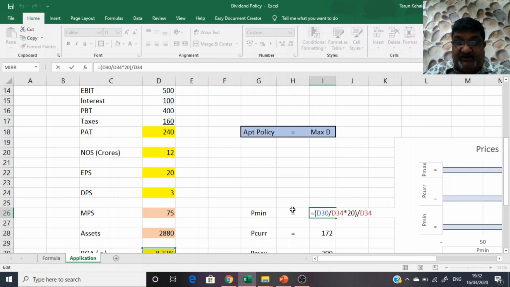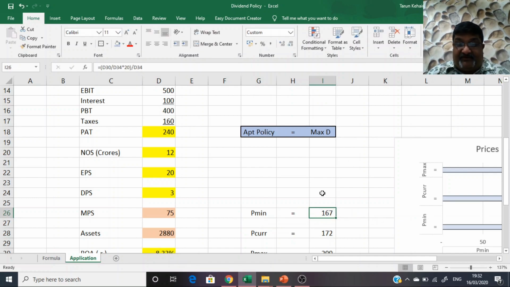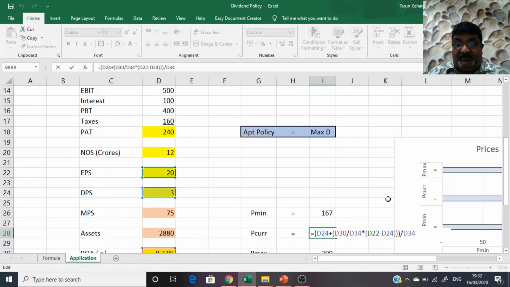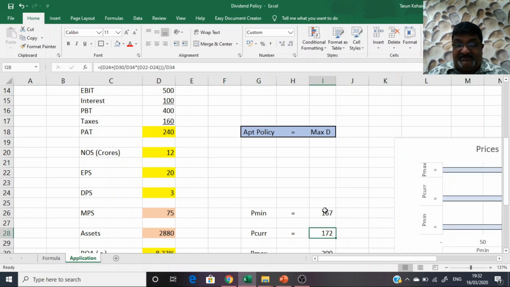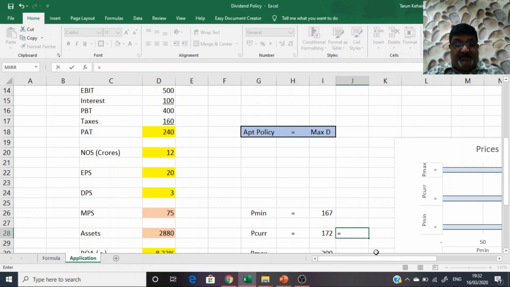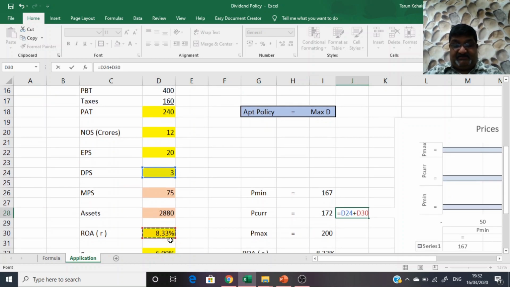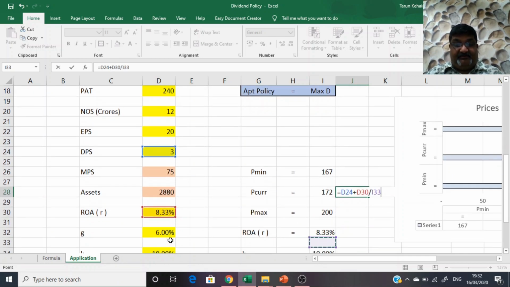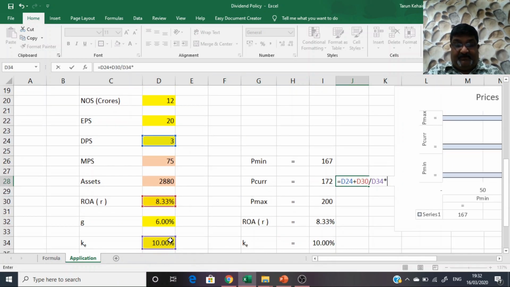Now, if you look here, what have I done? I have tried to find out the current market price. Let's quickly find that out for you. How do I get this 172? The formula is your current dividend plus return on assets divided by cost of equity multiplied by earnings minus dividend.